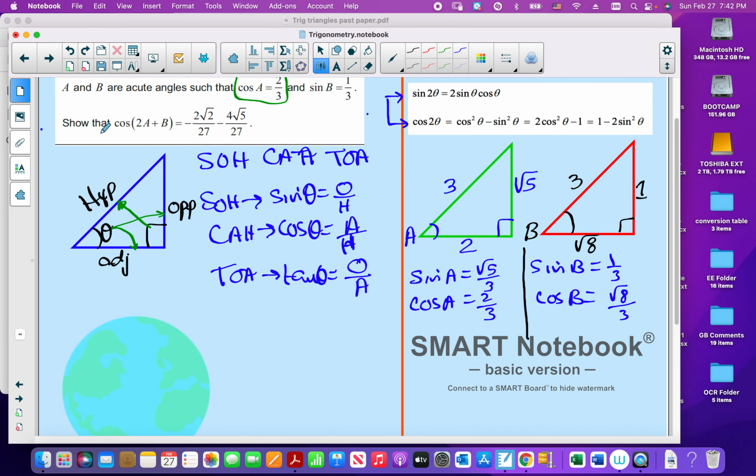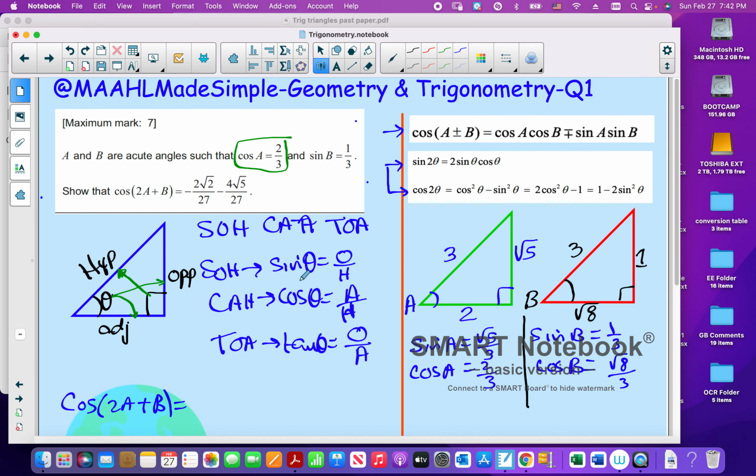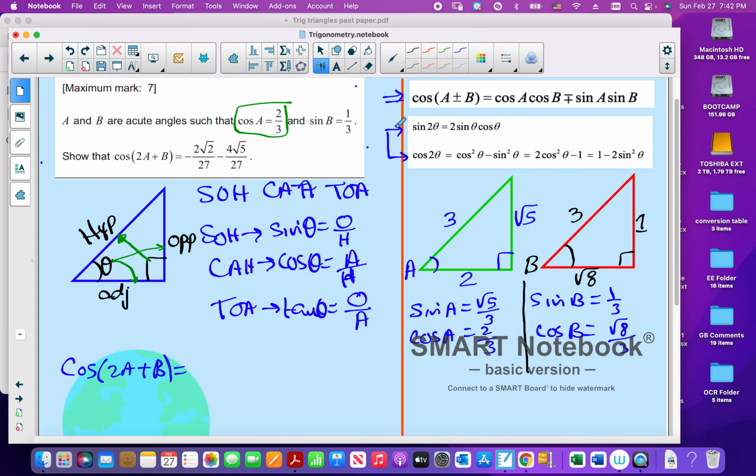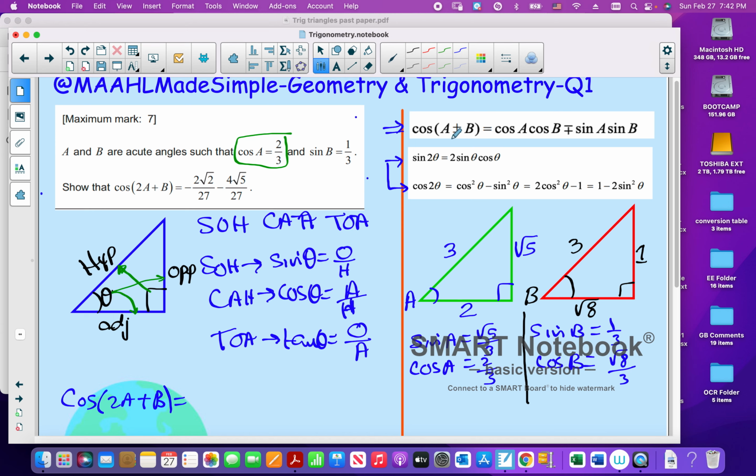Let's apply the identity and expand the left hand side, cosine(2A + B), using the sum identity, which is the first one. The middle sign switches. If it is positive, it becomes negative, and if it is negative, it becomes positive.